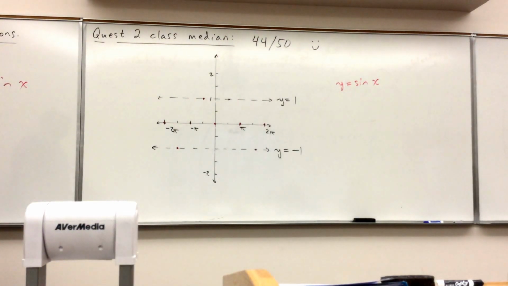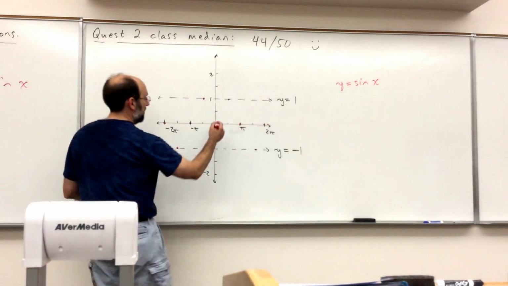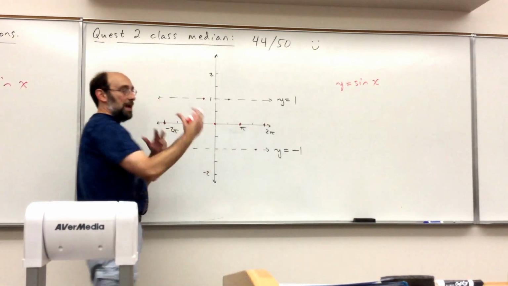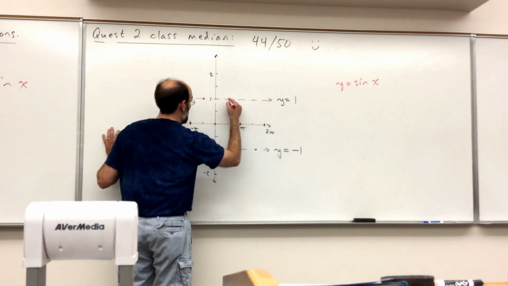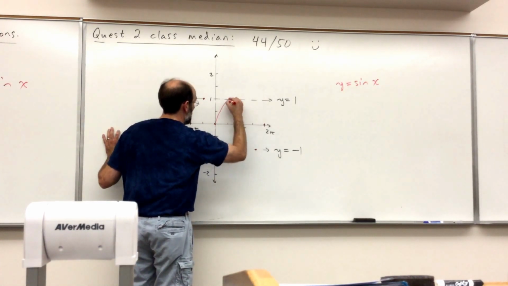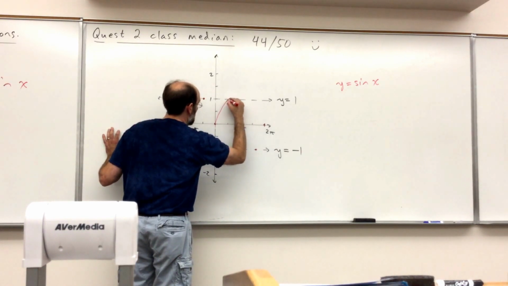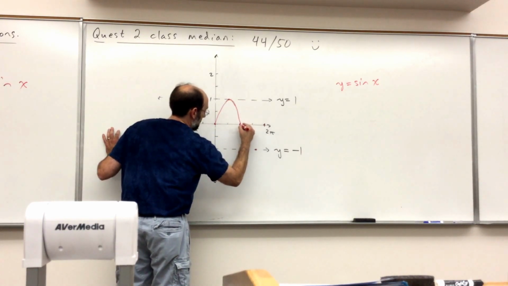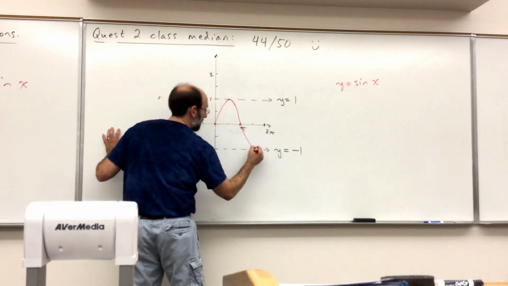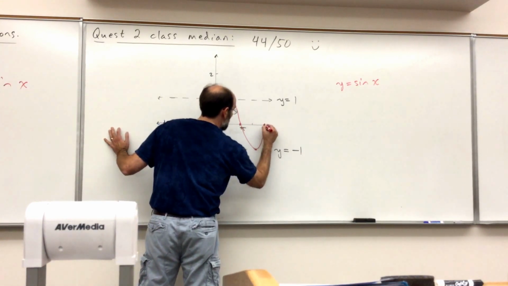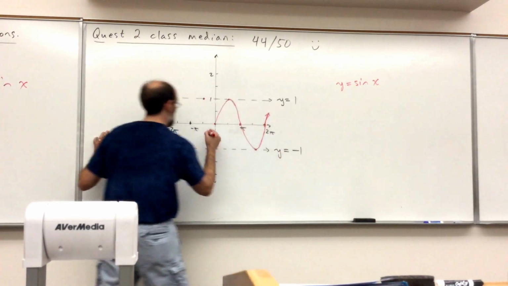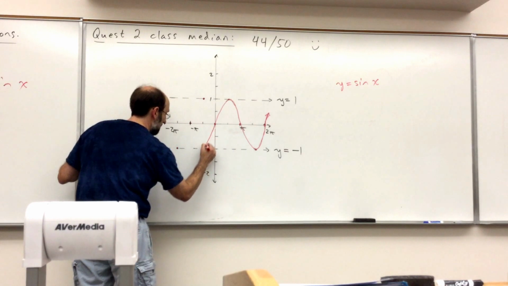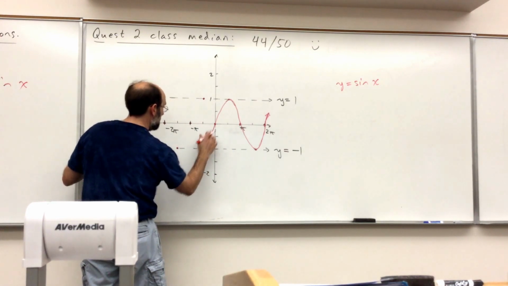So then I'm going to go ahead and connect my key points with a smooth curve. So the sine function, sort of a wave, is going to start, if you will, at the origin. I'm going to go up to the max, inflection point, and then inflection point, etc. Oops, wait a second.